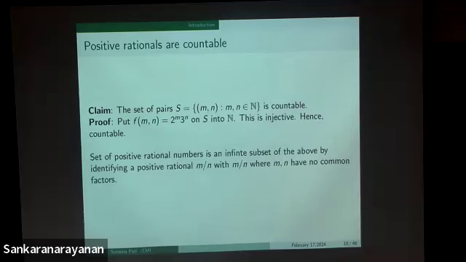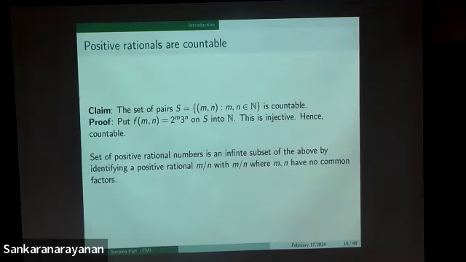There's one small problem. When I'm dealing with rationals, I need the same rational number to map to the same thing.